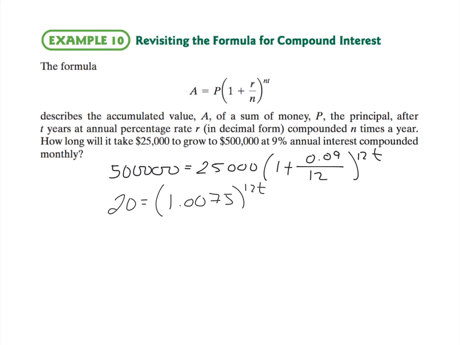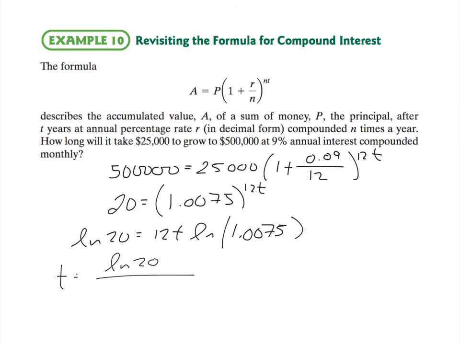Now I take the natural log of both sides, so I get the ln of 20 is equal to 12t ln of 1.0075. So now, if I divide over this 12 and this ln of 1.0075, I get t is equal to the ln of 20 divided by 12 ln 1.0075, and that's approximately equal to 33.4.